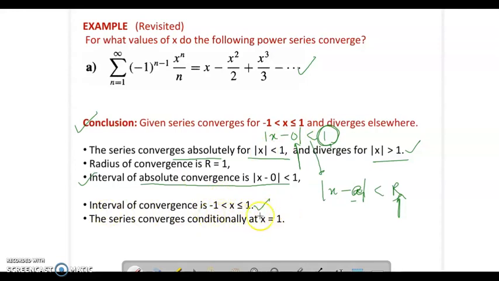We said that the interval of convergence could be anything, half open, half closed, open or closed, depending upon the particular series. And what about x equals 1? At x equals 1 the series is converging, but it is not converging absolutely. So we say that the series converges conditionally at x equals 1.